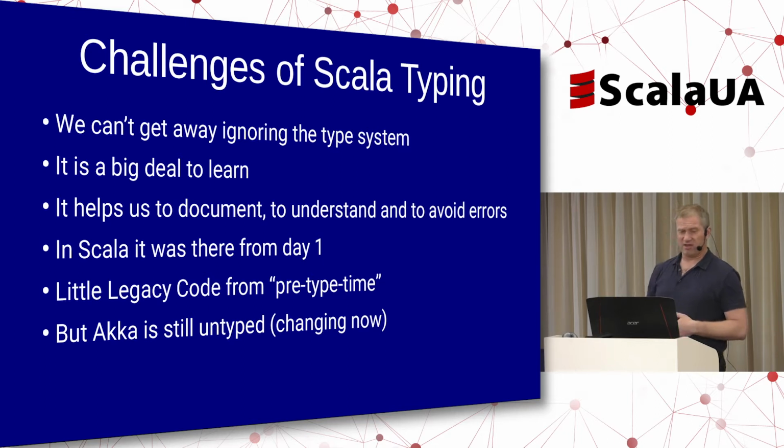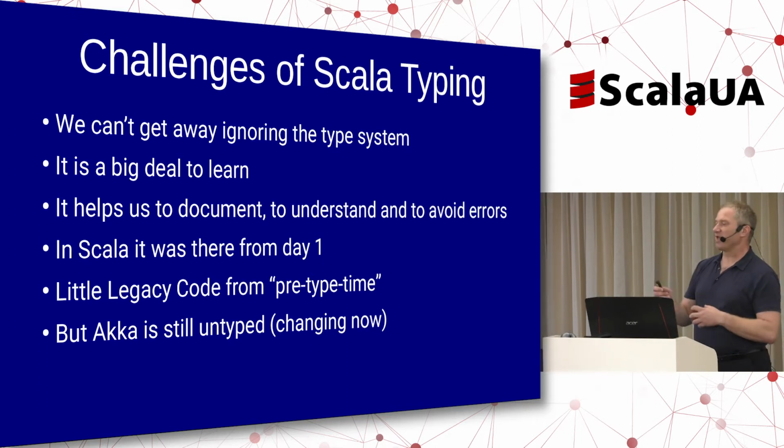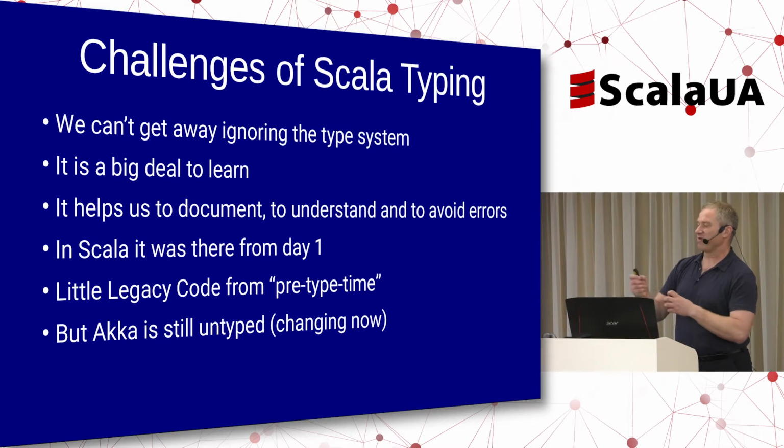And that's important. And there's not this exception like with array of list and list of array or whatever, that doesn't work. So everything works. But one thing that we are just seeing now, Akka was kind of untyped, and we have to live with that when we use Akka, but it's moving to typed Akka now.